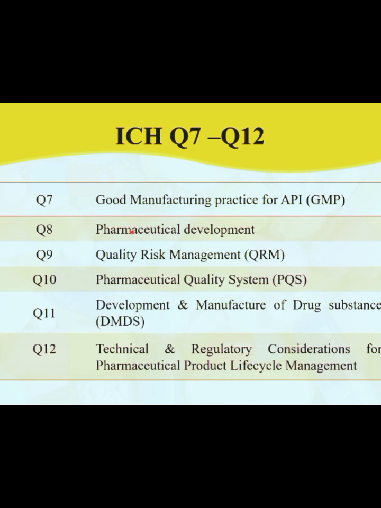And Q8 deals with pharmaceutical development. Q9 deals with quality risk management, QRM. And Q10 deals with pharmaceutical quality system, PQS. And Q11 deals with development and manufacture of drug substance, DMDS. And Q12, it deals with technical and regulatory considerations for pharmaceutical product life cycle management.